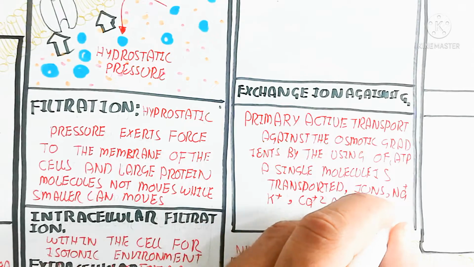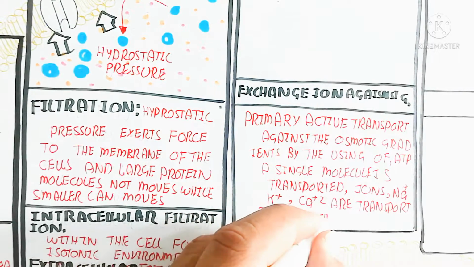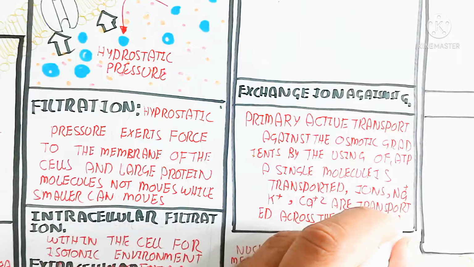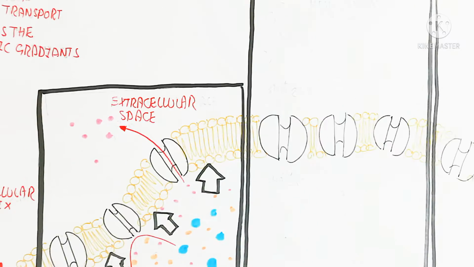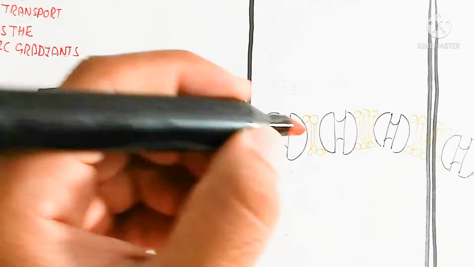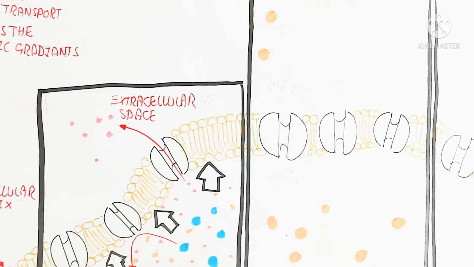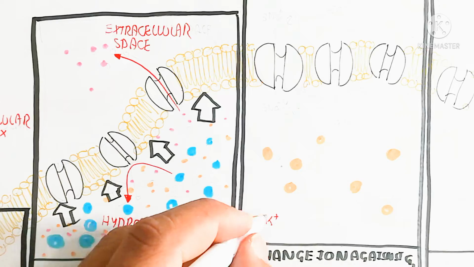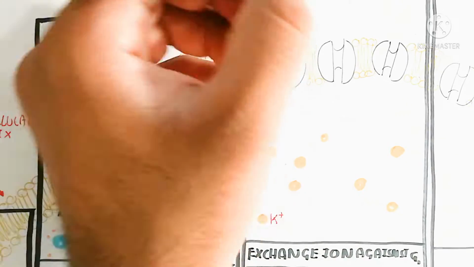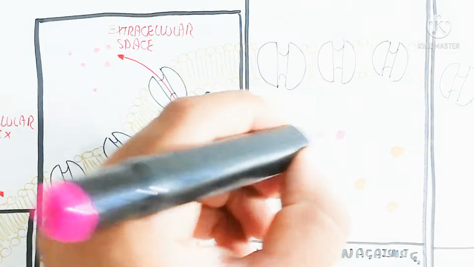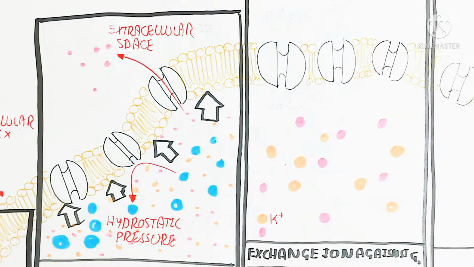What does against the osmotic gradient mean? For example, inside the cell the concentration of sodium will be less, but the sodium moves out, not in. Why? Because the sodium moves out due to the expenditure of ATP.